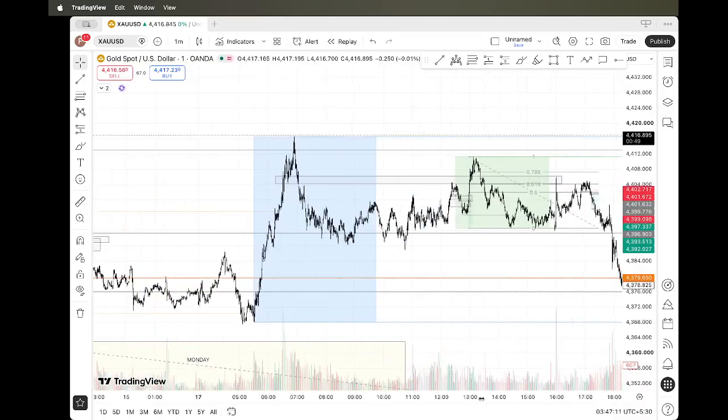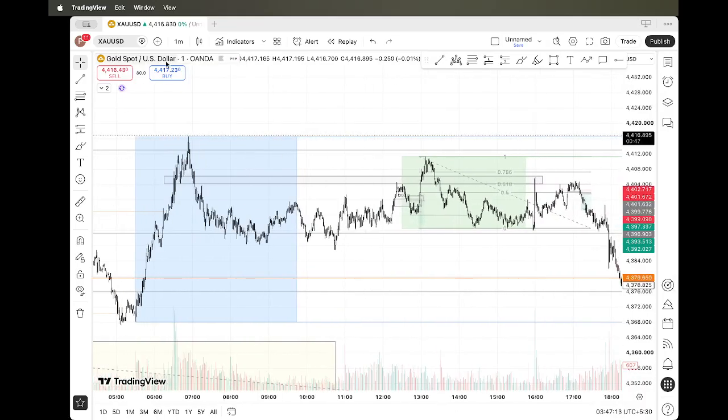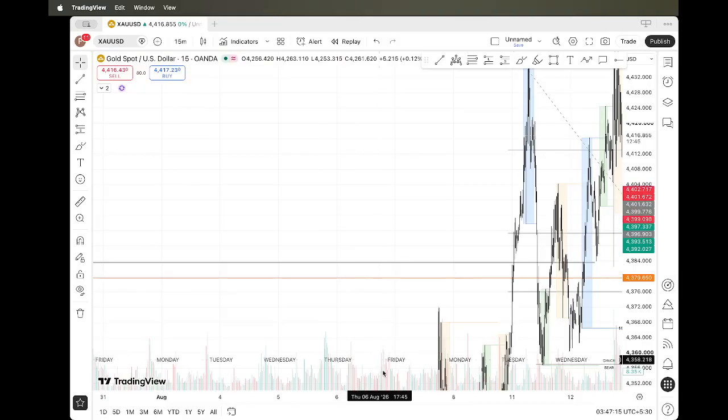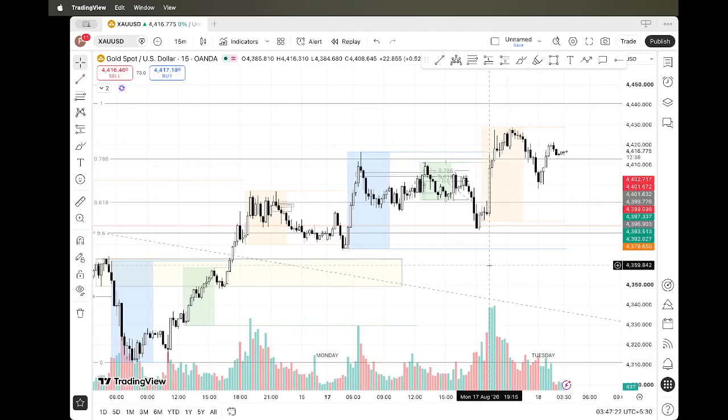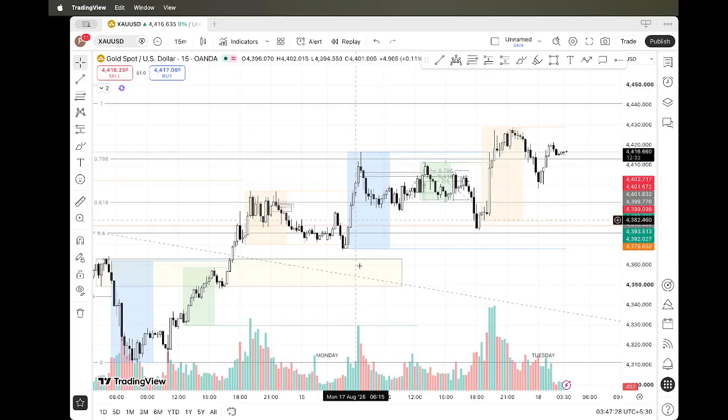then yeah, the 15 minute was bullish, so I should have traded for the buys, but it was in a selling zone and the overall 2 hour was bearish, so I punched in sells.